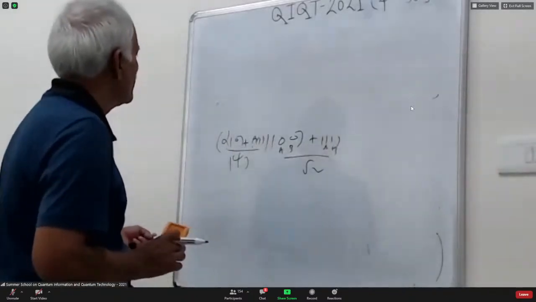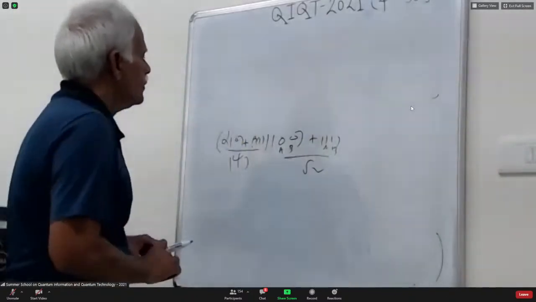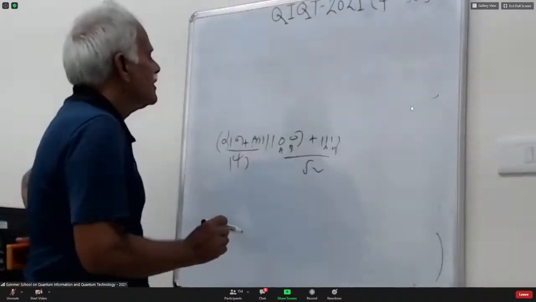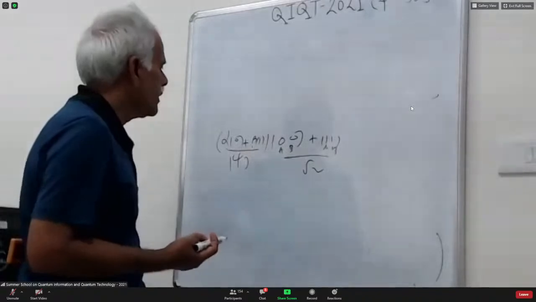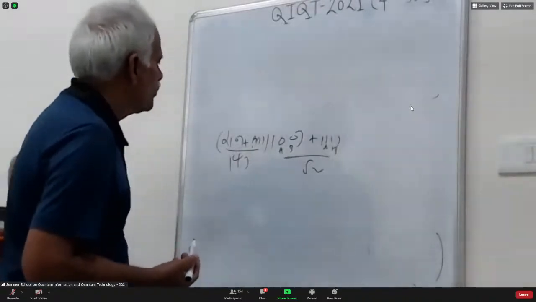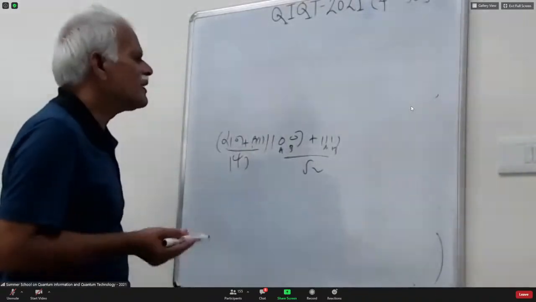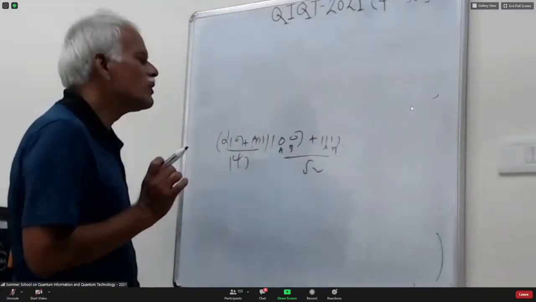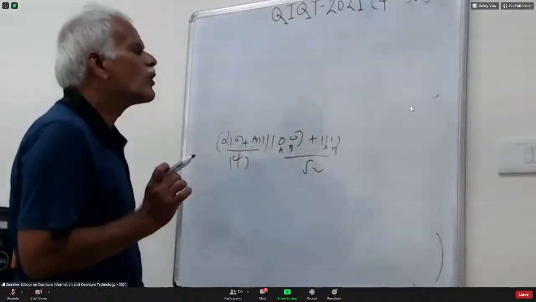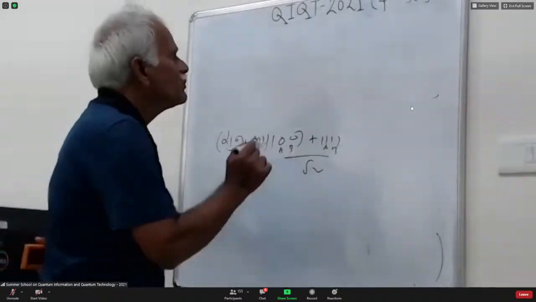So what is happening in teleport? This state is with Alice. Alice physically could be somewhere like in Delhi, Bob would be working far away. First let me show you mathematically, and then for their end they will do only experiment. The experiment will involve measurement and local unitary transformation.